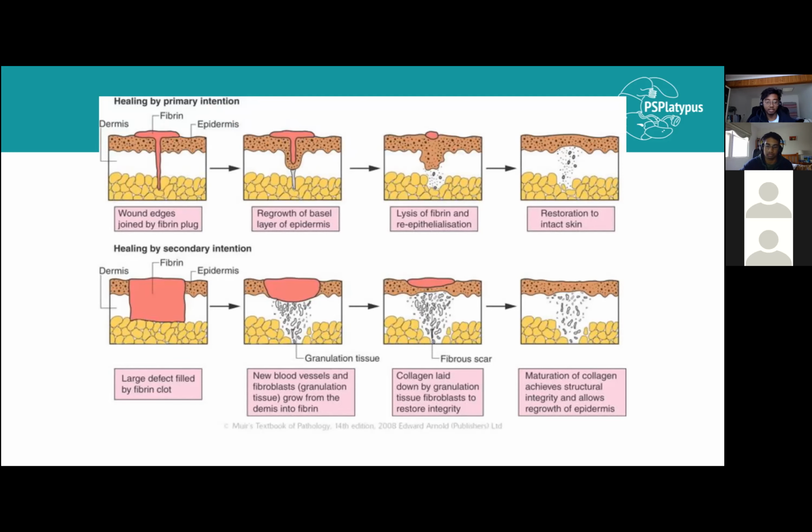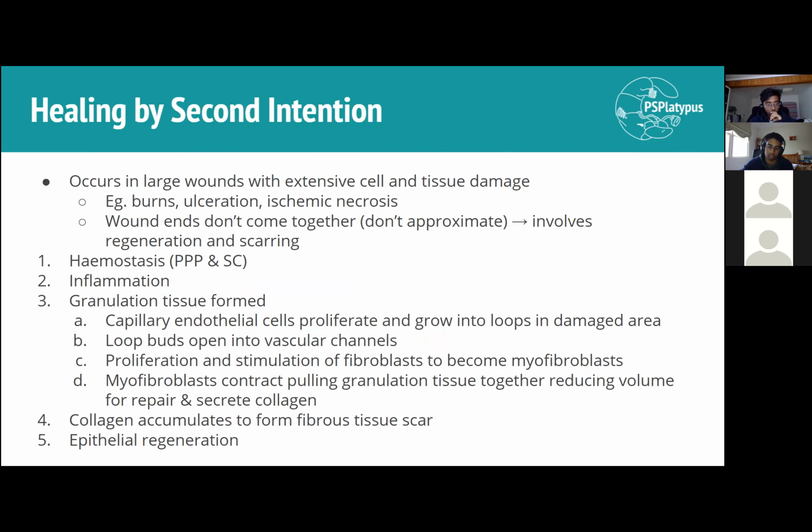In this case, the surfaces of the epithelium do not approximate or come into contact with each other. So it's a large wound. It occurs in large wounds with extensive cell and tissue damage, such as burns, ulceration, necrosis. The wound ends don't come together. So typically it involves a combination of both regeneration and scarring.